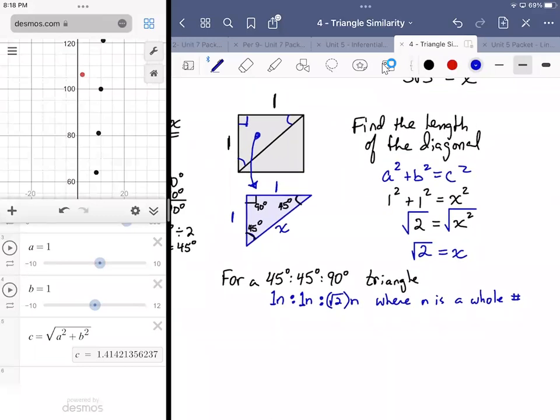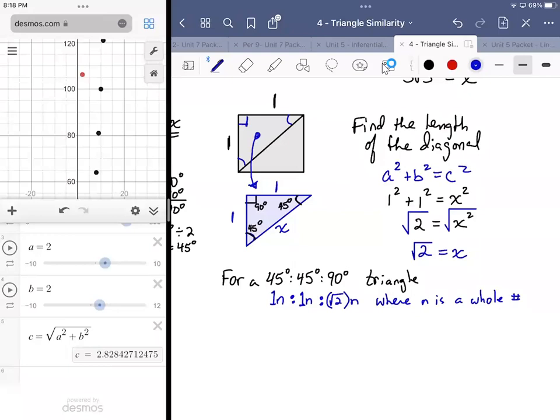So if I'm looking at, for example, sides of 2 and 2, then I would expect the hypotenuse to be 2 radical 2. So you can verify that. Plug in the 2, plug in the 2. You get 2.828, and so on, that's double what we had on the screen previously. We had 1.414, and 2.828 is double that.